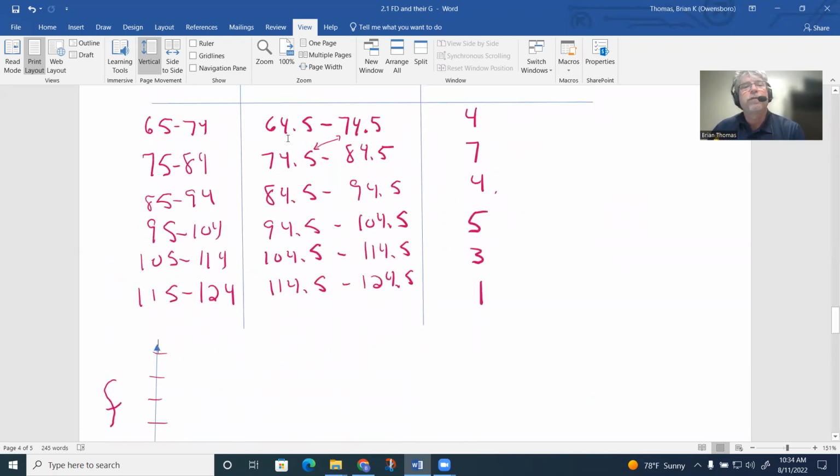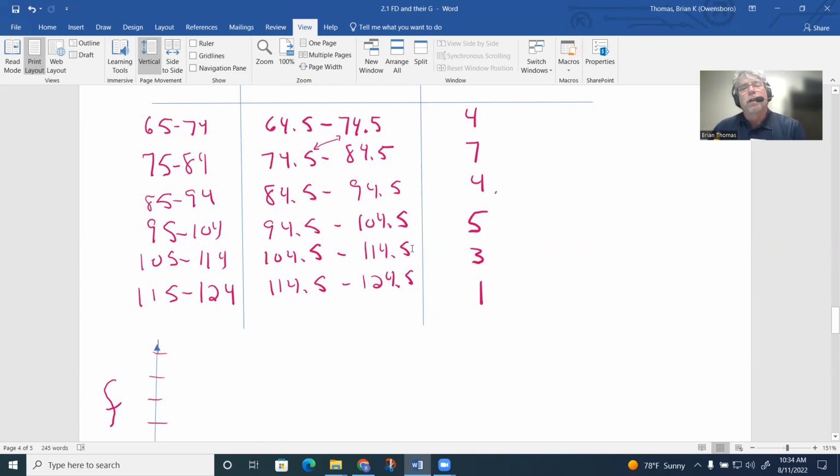Between 64.5 and 74.5 heartbeats, 4 people had that range. 74.5 to 84.5, the frequency there was 7 people. 84.5 to 94.5, 4 people had a heart rate there. 94.5 to 104.5 is 5. 104.5 to 114.5 is 3. And 114.5 to 124.5 would be 1.